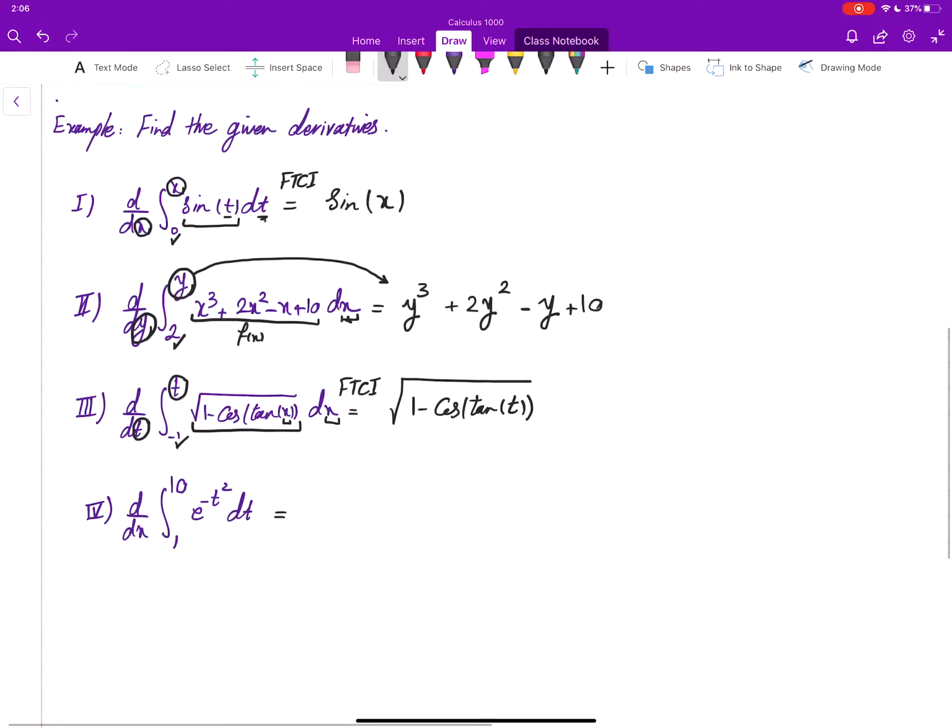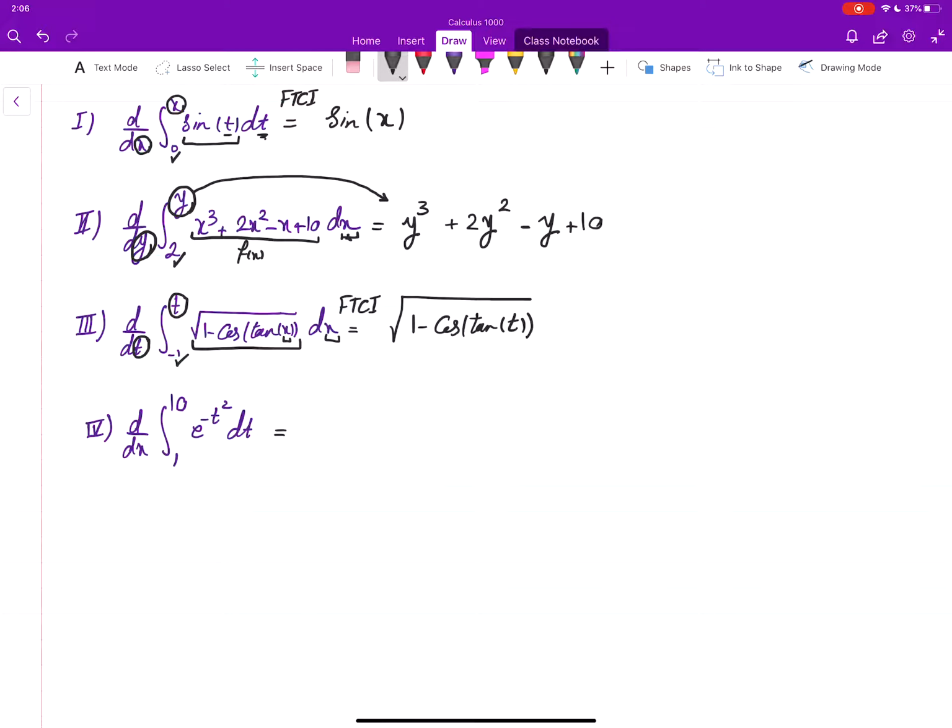Very nice. Here in this example, the integrating variable is t. The integrand is e to the power minus t squared. The lower limit is constant. The upper limit is another constant. Well, there's something wrong here.